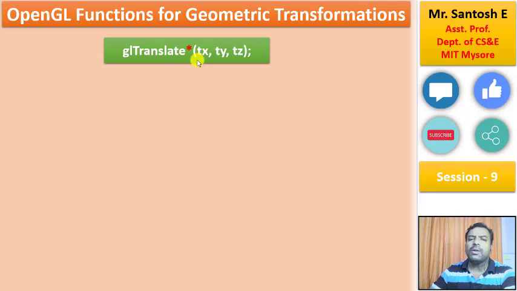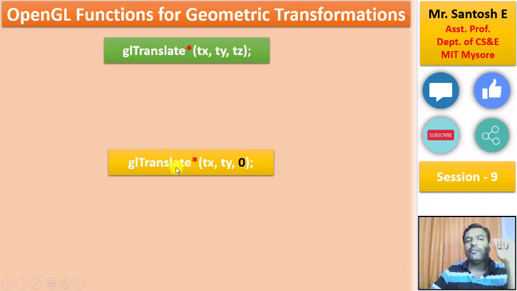And as you can see, we have the same translate function even for 2D transformations. You don't have separate OpenGL functions for 3D translation and 2D translation.